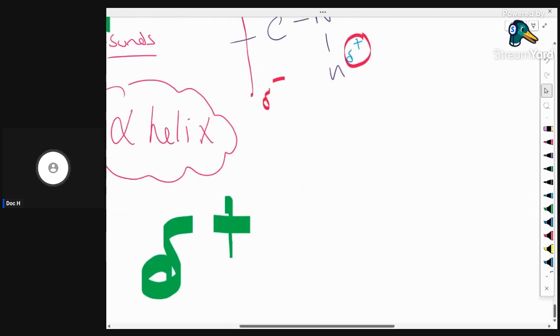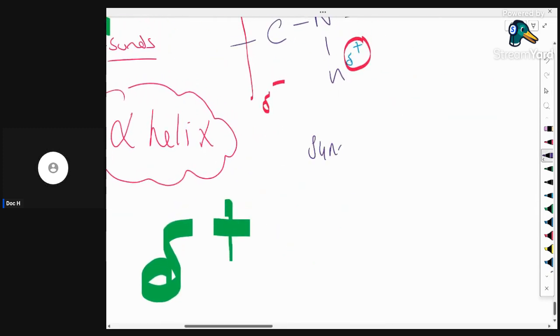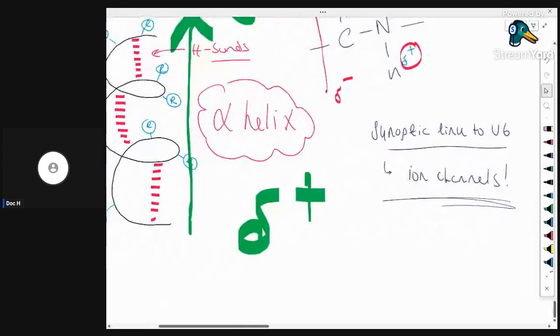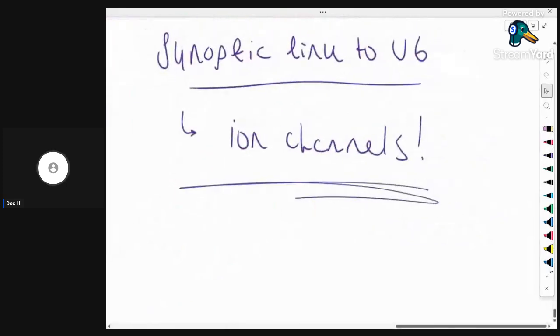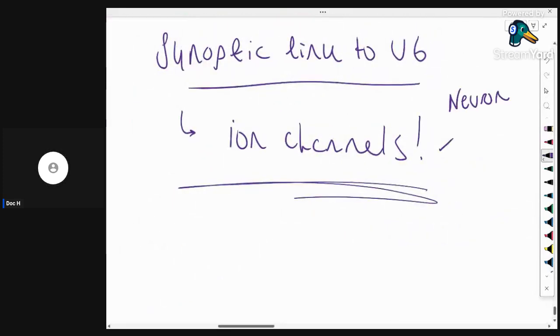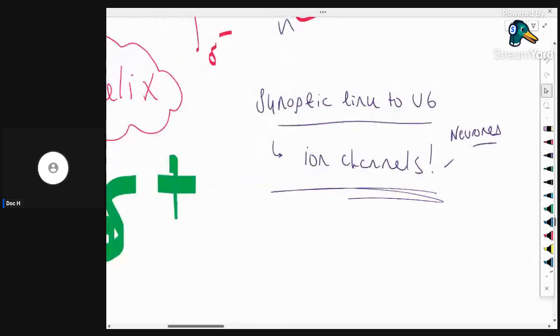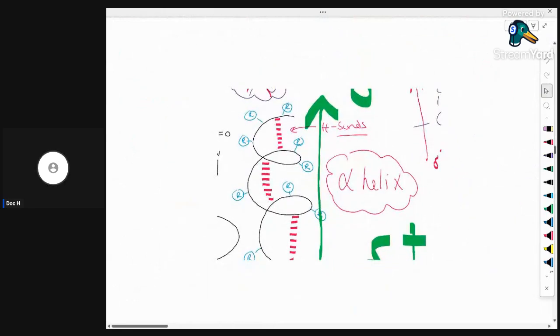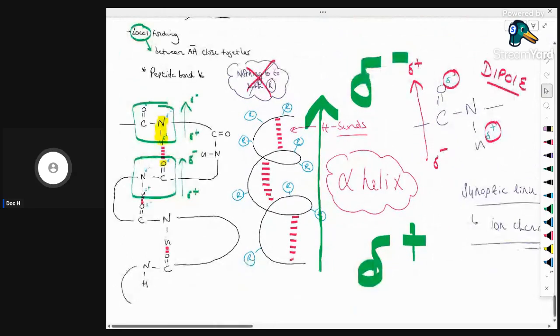So if you want a synoptic link, two ion channels, and how we can kind of gate them, right? Open and close ion channels, and we'll talk about that when you do the nervous system. So in neurons specifically. So that's just a nice sort of link to upper sixth. It comes in much later on, but for now, just appreciate that we have an overall dipole. It's like a super dipole, right? The whole alpha helix has a dipole.